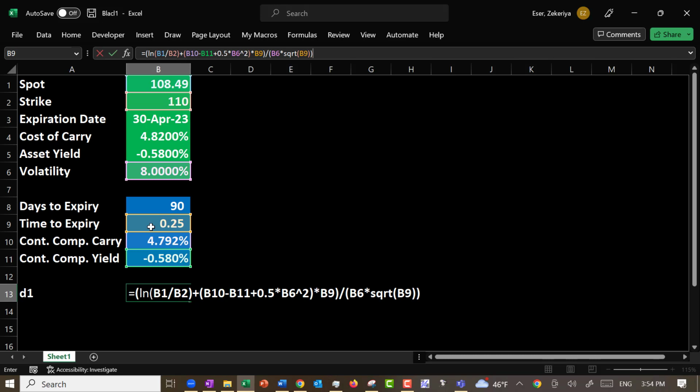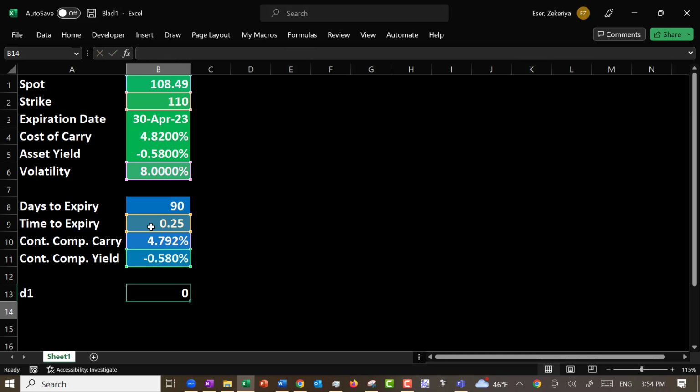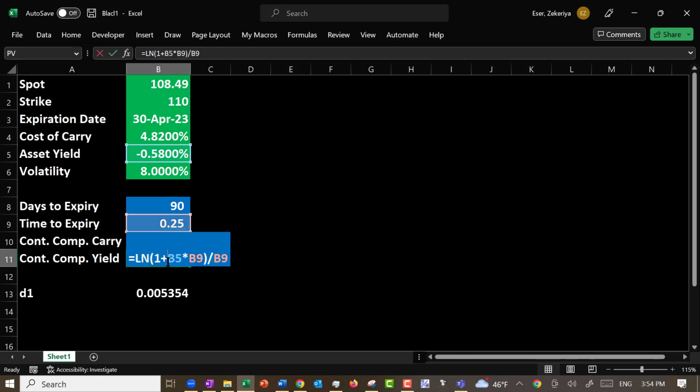Good? Yeah, what was also the formula for the rate? It's log of 1 plus the APR times time, and the whole thing divided by time.